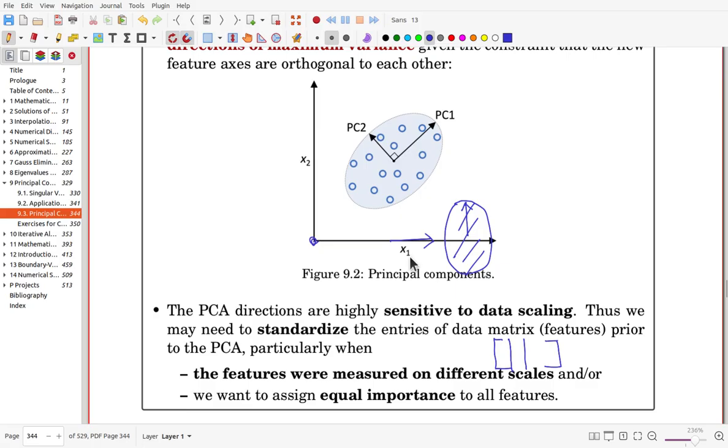So the basic requirement is that you always have to translate the data so that the center is the origin, which means that for the data points, the average value must be subtracted, and then it is automatically translated to the origin.